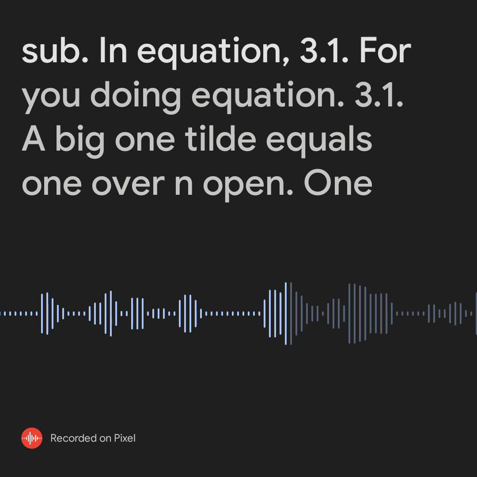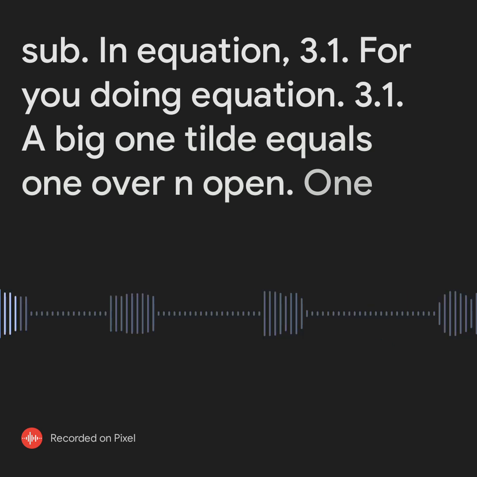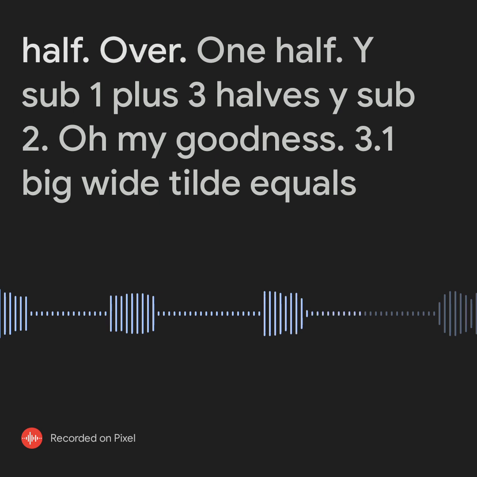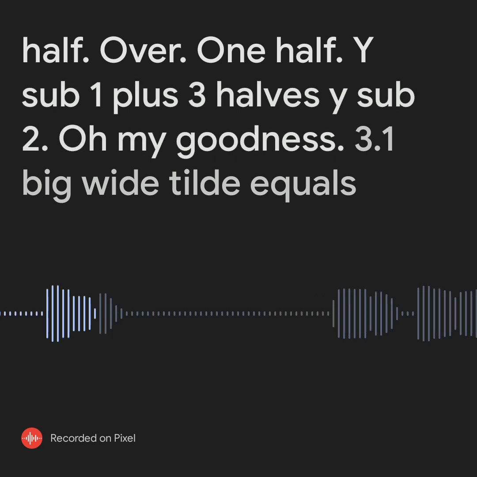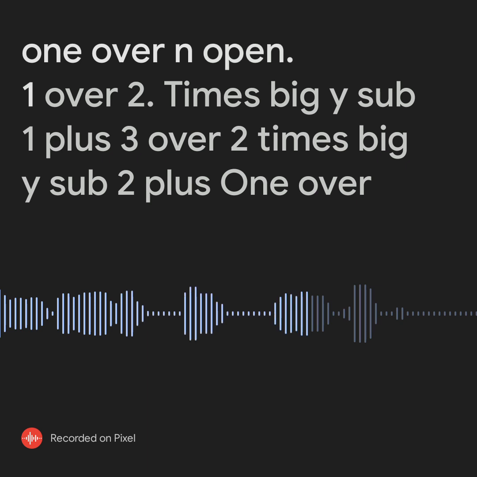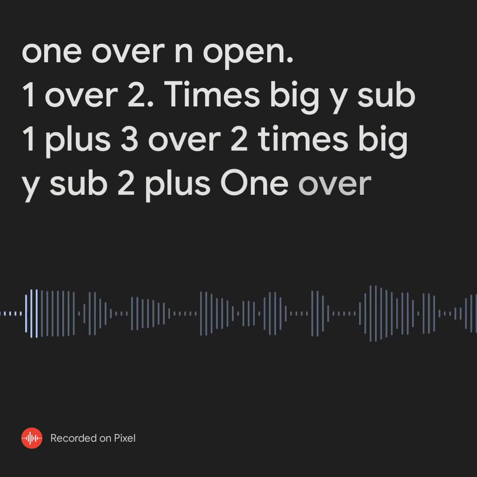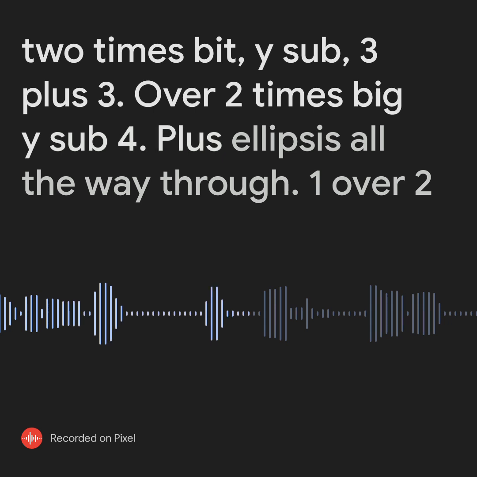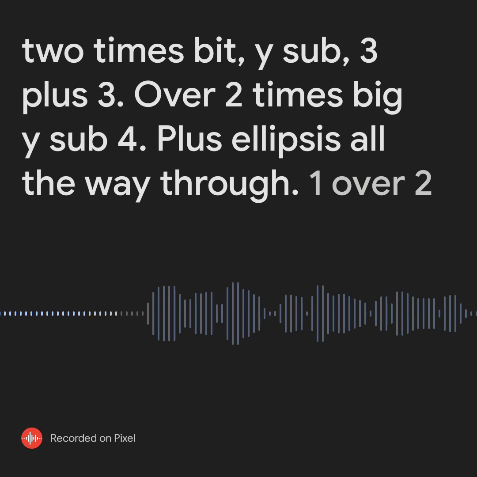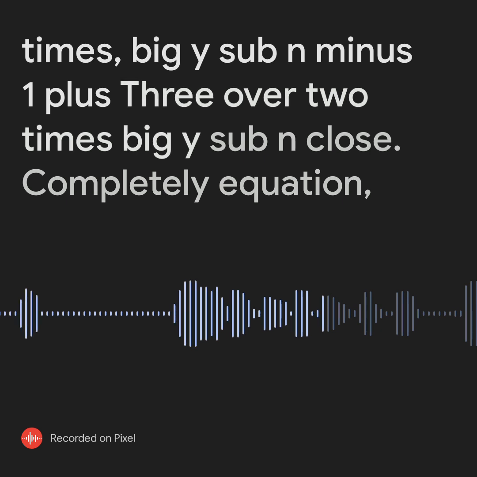Redoing equation 3.1, Ỹ equals 1 over n times open 1/2 times Y₁ plus 3/2 times Y₂ plus 1/2 times Y₃ plus 3/2 times Y₄ plus ellipsis all the way through 1/2 times Yₙ₋₁ plus 3/2 times Yₙ.